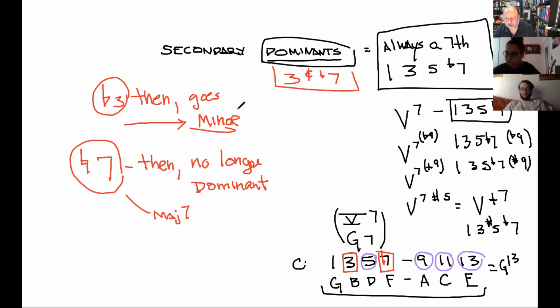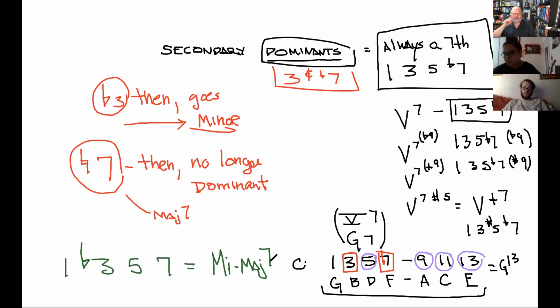So if you have this formula here, that's a minor with a natural 7. So we call that a minor major 7. Because of that 7. That 7 is the natural 7, right?